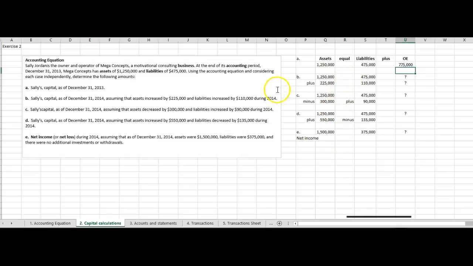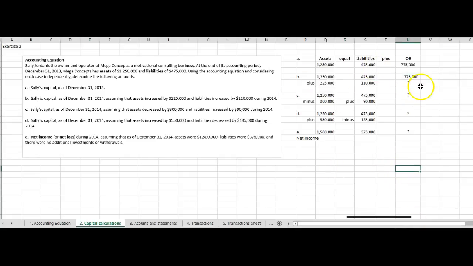So now they say for B, we started with $1,250,000 and $475,000, the same scenario up here, which means that owner's equity is $775,000. Let's just make that all with commas.